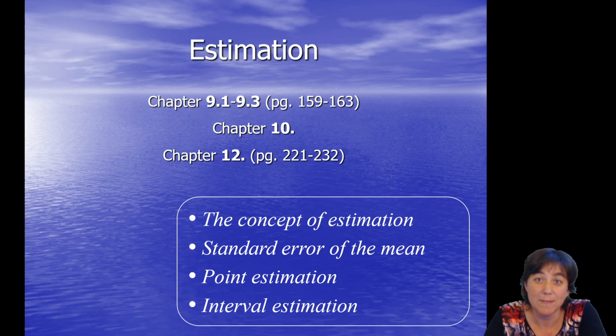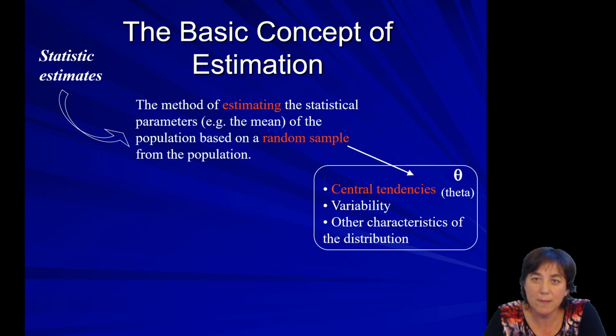So first, about estimation, we will deal with the concept of estimation. Then we will talk about its error, the standard error of the mean, and we will learn what point and interval estimation are. The basic concept of estimation means that we will make statistical estimates of different statistical parameters.